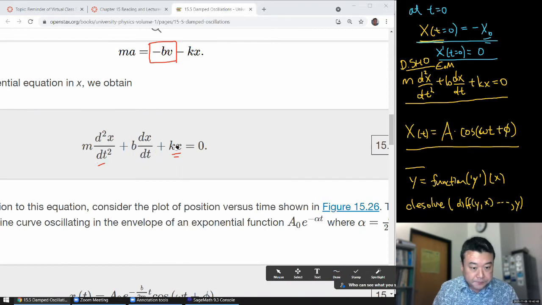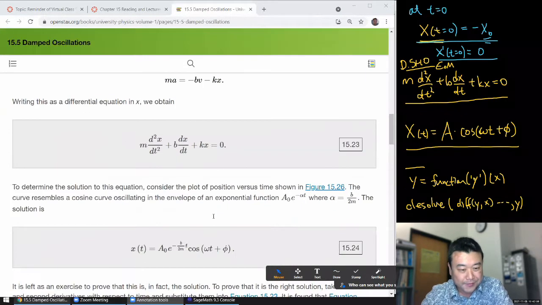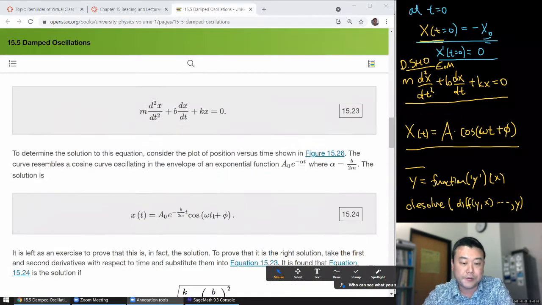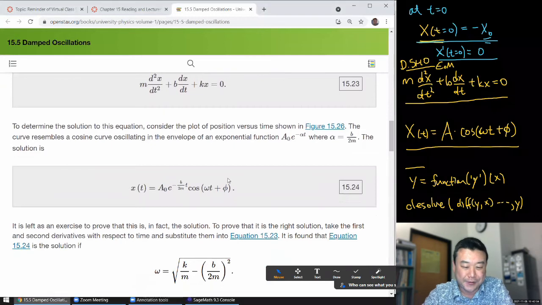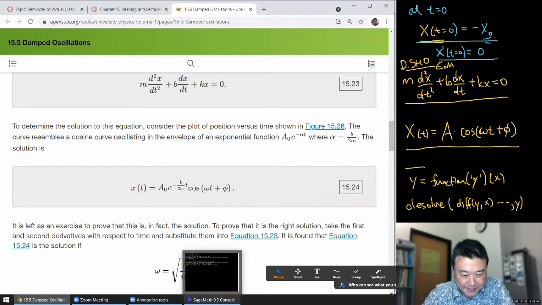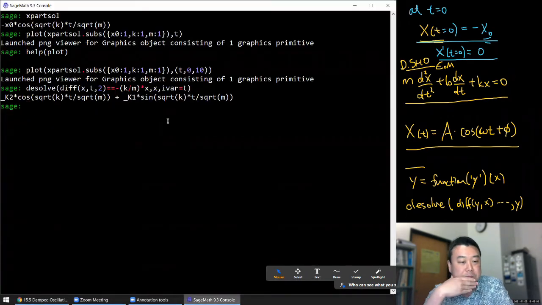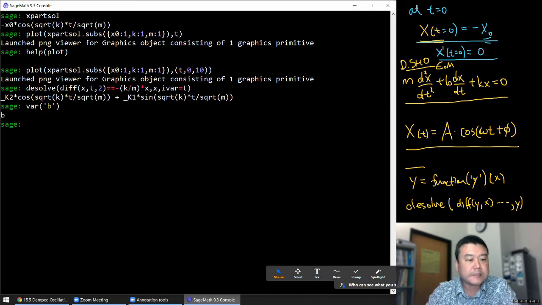Okay, so let's try solving it. And you can see that in your textbook, they don't try to solve it because, again, it's so hard to do. They just give you the solution. Let's see if we get the same answer. So here. Okay, so the differential equation we are dealing with this time is, I need to declare b as one of the parameters.